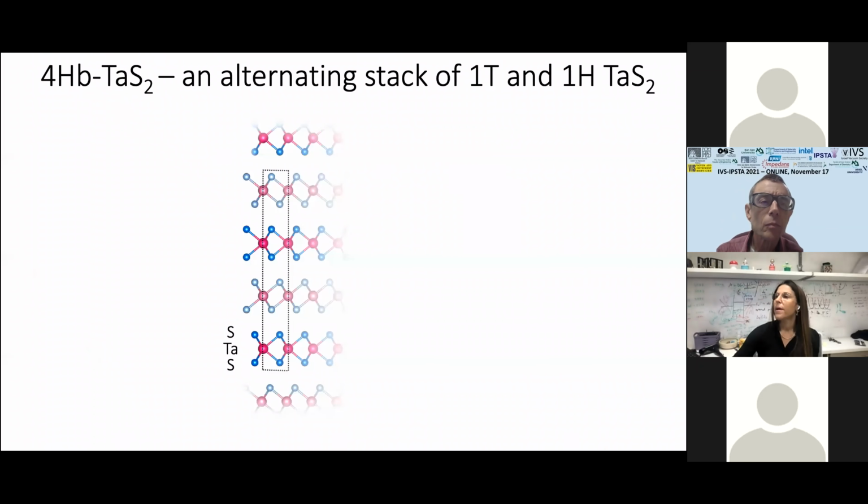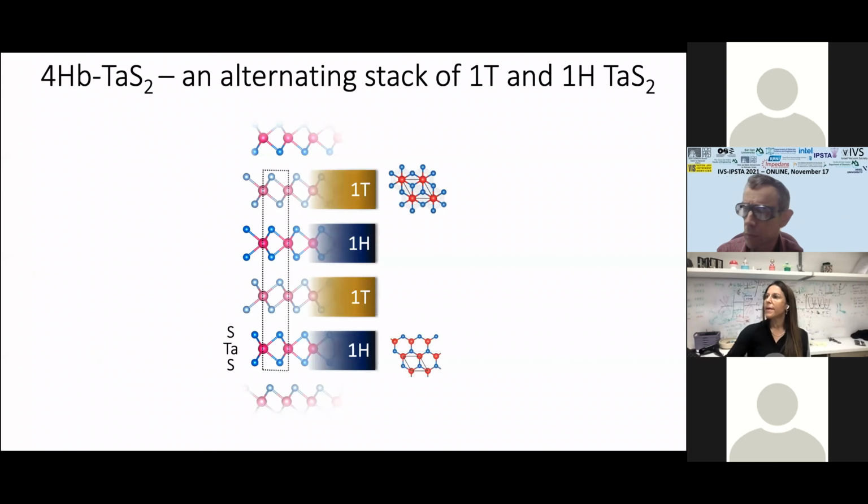Okay, so let me start with the crystal structure of this 4Hb tantalum disulfide. It's just an alternating stacking of the 1H and the 1T polytypes of tantalum disulfide. Structurally, the difference between the 1T and the 1H is that every layer consists of a layer of the transition metal, encapsulated between layers of sulfur.